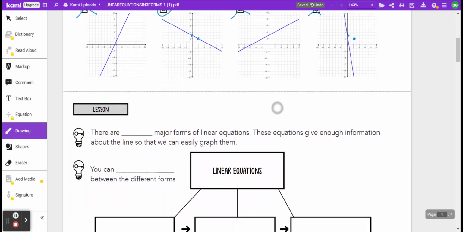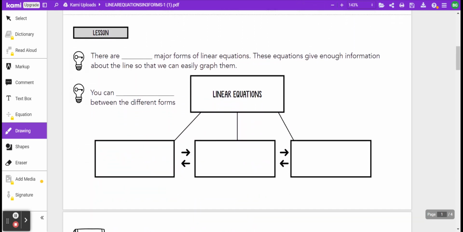Okay, let's go ahead and jump into our lesson for today. So today there are 3 major forms of linear equations. These equations give enough information about the lines so that we can easily graph them. You can switch between different forms. Our most common one is slope-intercept form, which is y equals mx plus b.